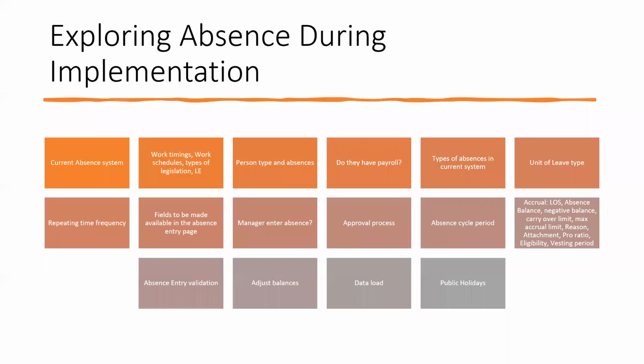Now, we saw how a manager enters absences, and whether they should be allowed to enter absences. And when a manager or employee submits the absences, how does the approval process work? Is it something that gets auto approved every time and only the record would be available, or should this go through an approval workflow?